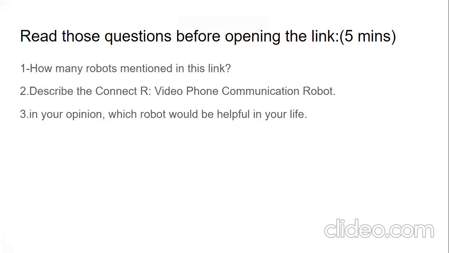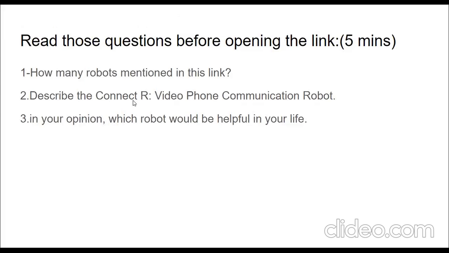Did you find the answers to those questions in the reading? Yes. Okay, who can answer the first question? Yes, I can. Okay, Miss Marwa. I think in the reading we read about 6 types of robots. The first one, vacuum cleaner, it's called Roomba. The second one, RoboMow, it's a lawn mower.